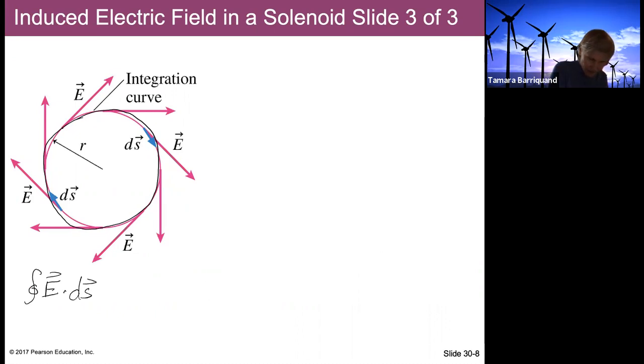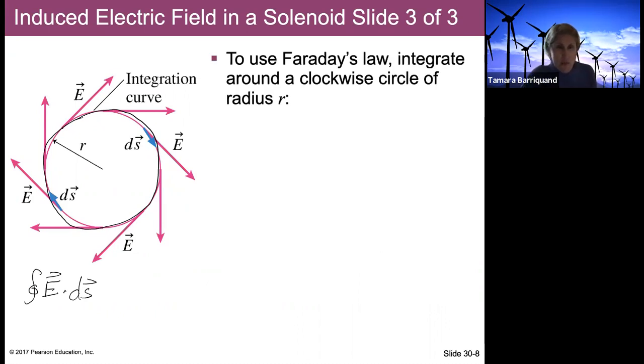This is what our loop looks like. Now let's look at how we can use Faraday's law here. To use Faraday's law, we want to integrate around a clockwise circle of radius r. This is our clockwise circle here. It's got this radius r.